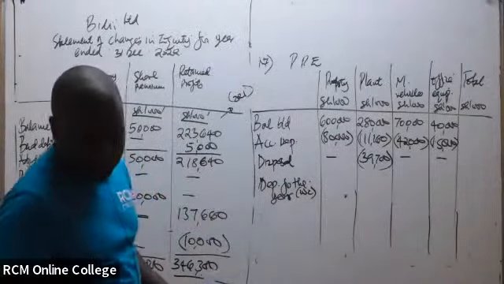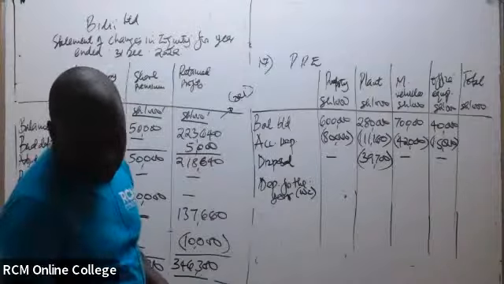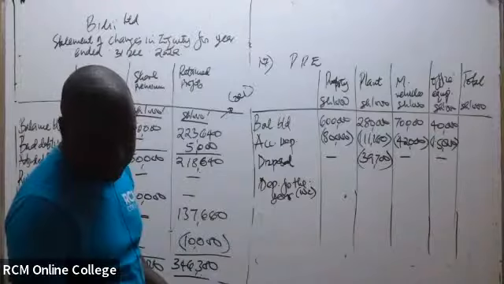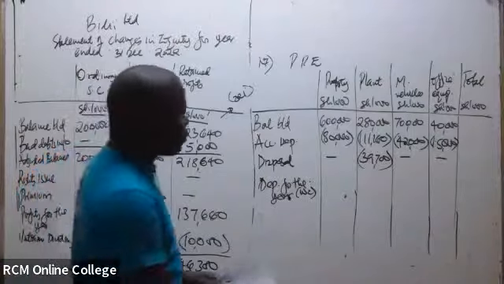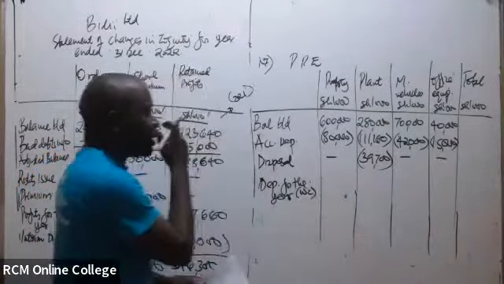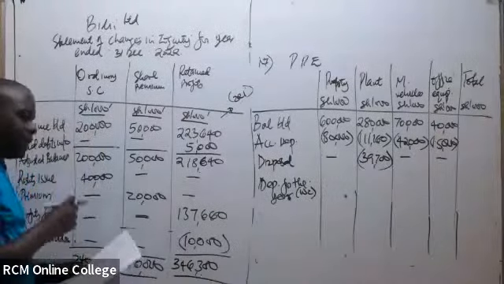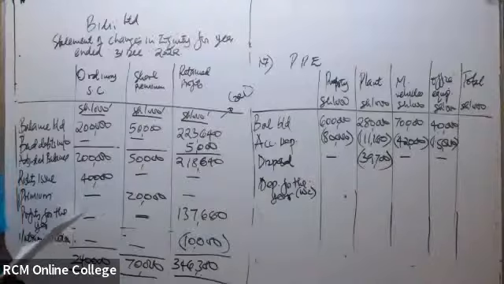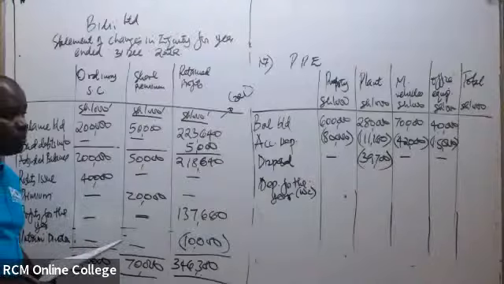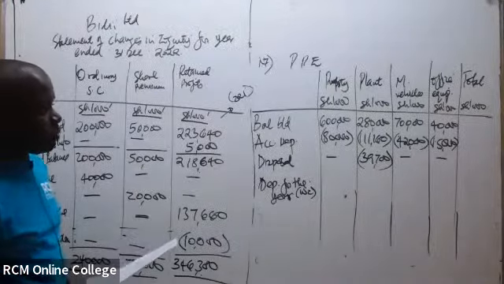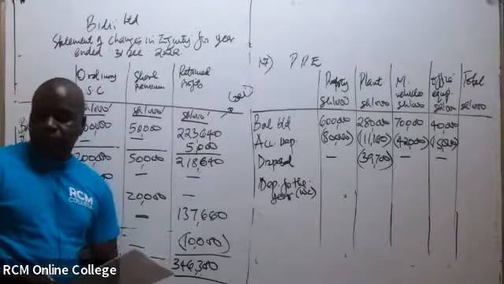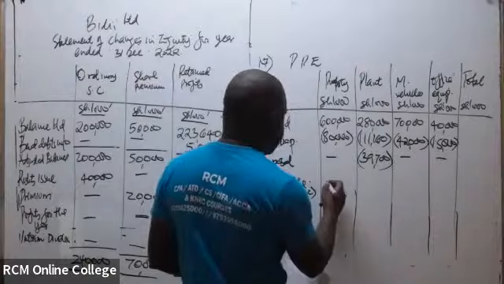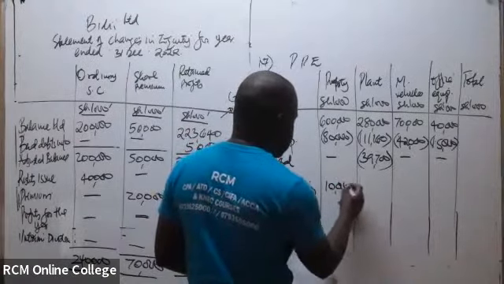How much are we getting as the depreciation for property and buildings? It was 10 million. We can less this one, 10 million.